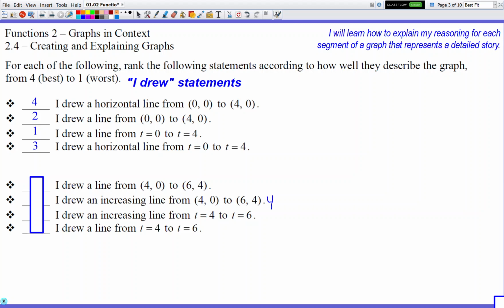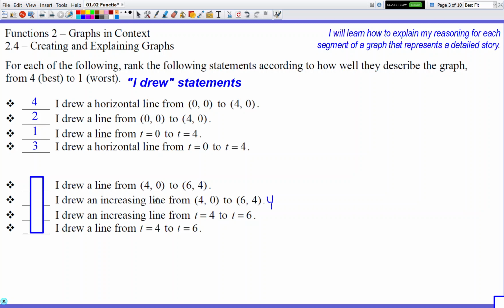Well, remember I told you guys earlier, some kids think where to find the line is important, and other kids think that what type of line, what kind of characteristics the line has, is the next best thing. And the bottom line is this: remember now, we're writing "I drew" statements, like we're drawing lines. So since we're drawing lines, that's going to give the edge to what kind of characteristic the line has, which in this case is increasing.